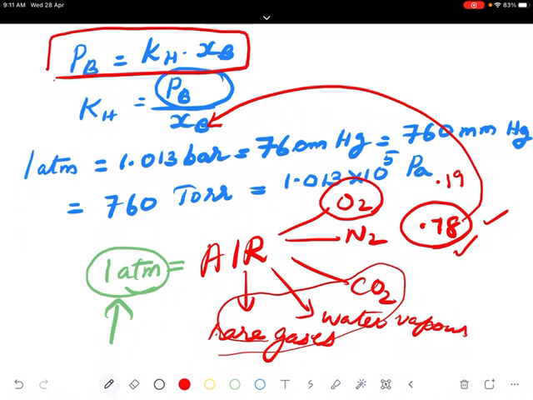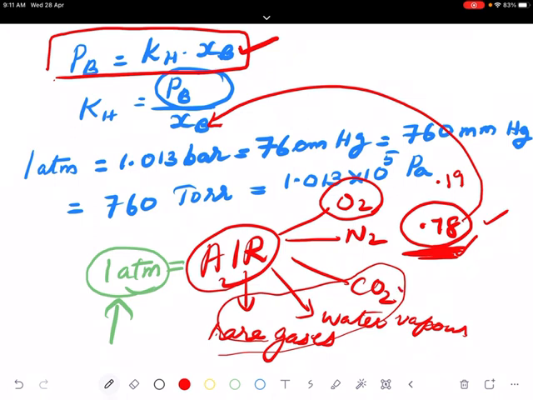So here you can substitute Xb if the partial pressure is given. This 0.78 I am talking about is in the case of air, but at different times the partial pressure of nitrogen can vary.